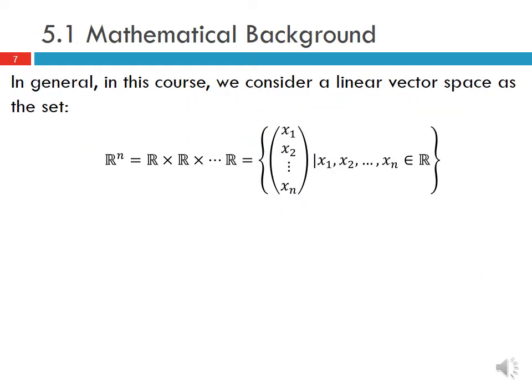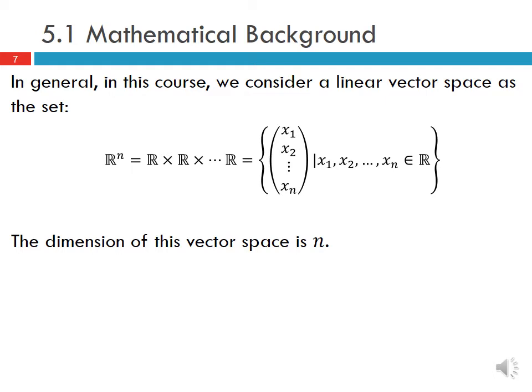In general, in this course, we're going to consider a linear vector space as the set Rn, which is basically R times R times R up to n times. So an element of the set is basically a vector that has n elements, so x1, x2 up to xn, where each of those elements, x1, x2 up to xn, is a real number.